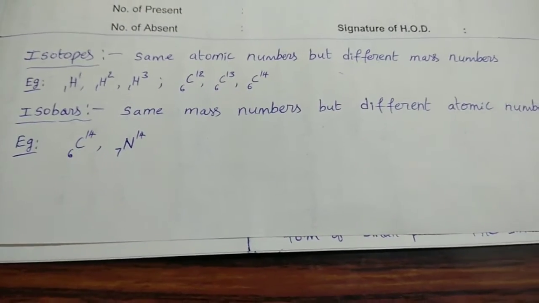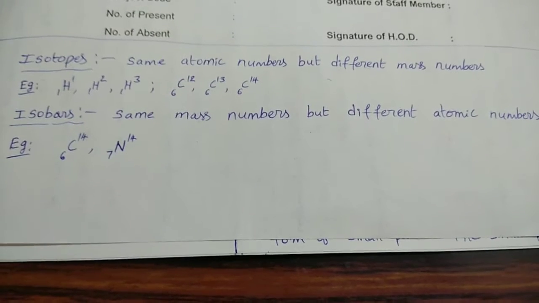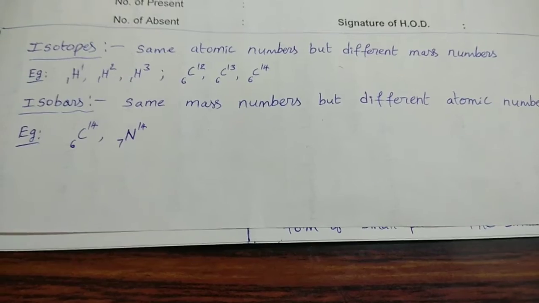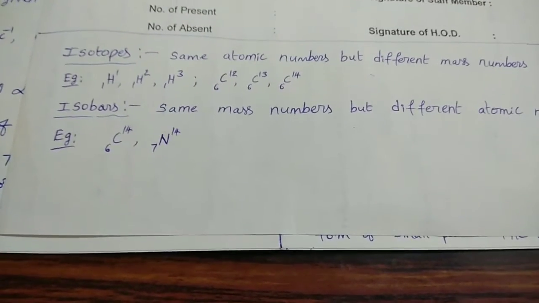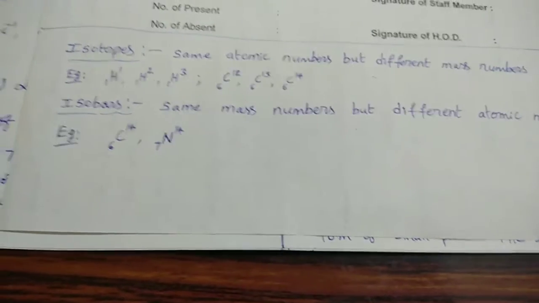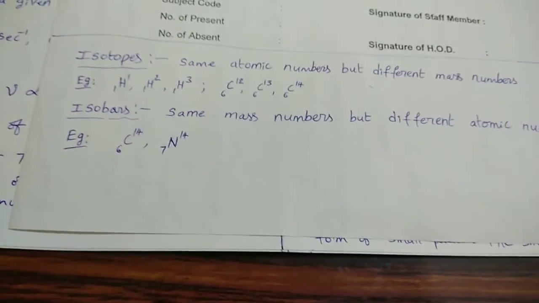Next, isobars. Same mass numbers but different atomic numbers. Atoms of different elements having the same mass numbers are called isobars. Example: C614, N714. Carbon and nitrogen are different elements, so they must have different atomic numbers, but the mass number is the same. So these are called isobars.